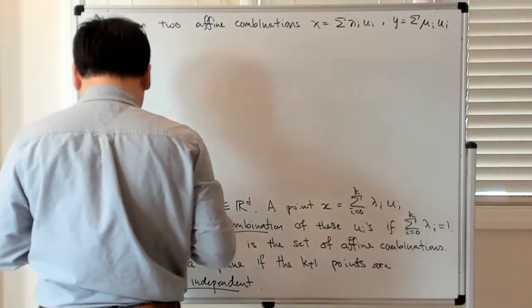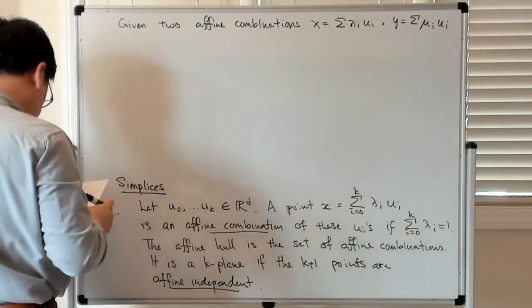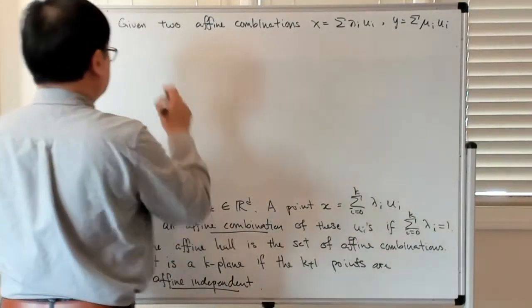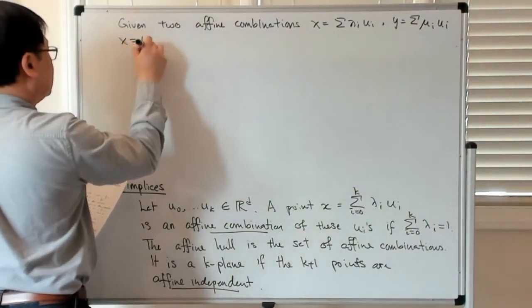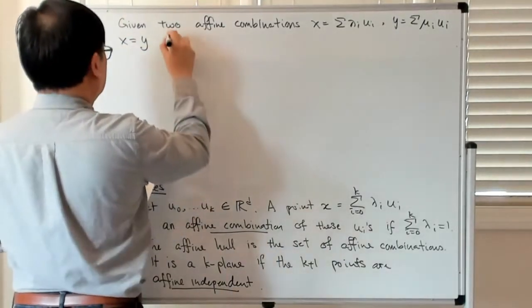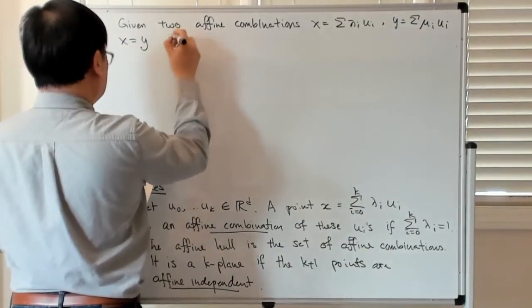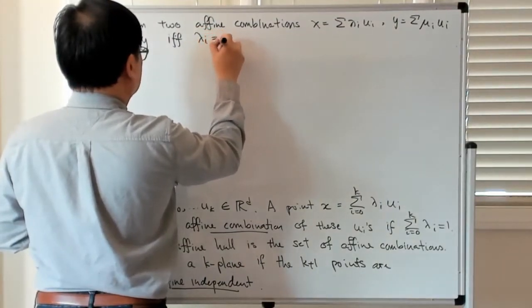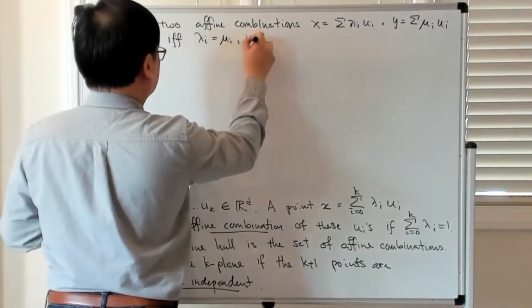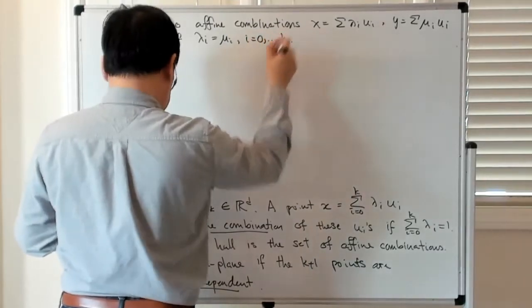So given two affine combinations, x equals y if and only if lambda i is equal to mu i for i equals 0 all the way up to k.